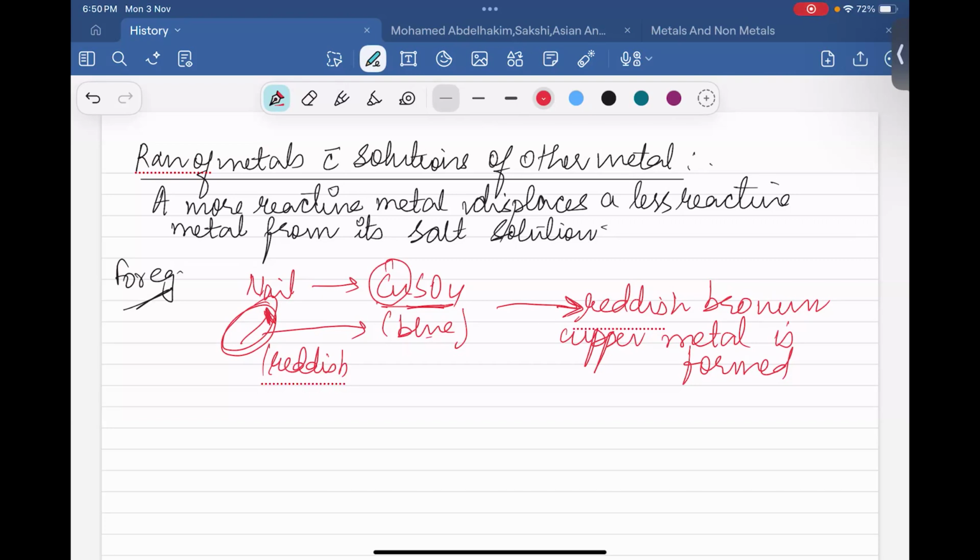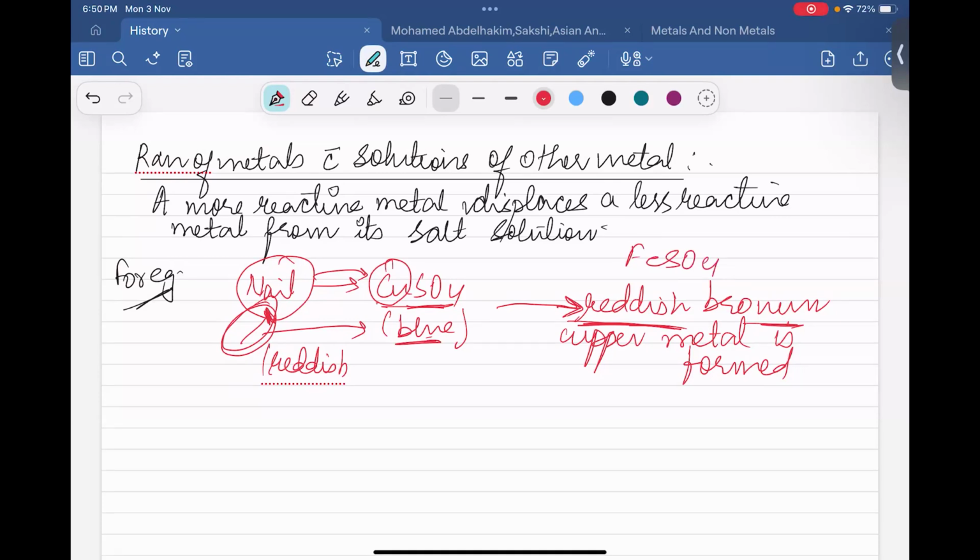Logically, the blue color should remain in the solution, but copper is less reactive than iron, so the iron nail displaces copper, and only the reddish brown color is left. Copper sulfate, CuSO4, becomes FeSO4. Understood? There is a formation of ferrous sulfate.